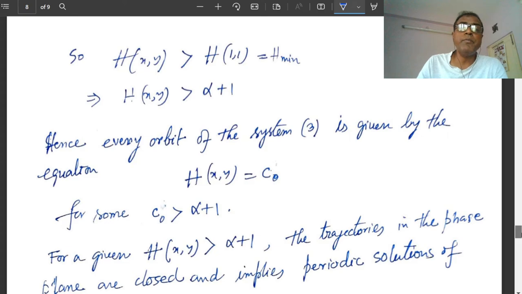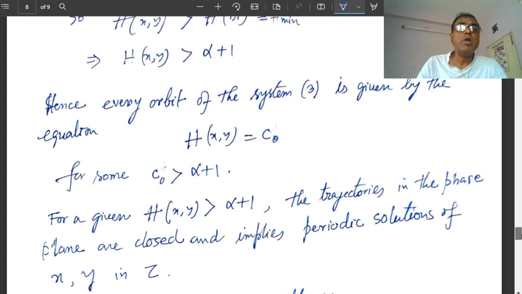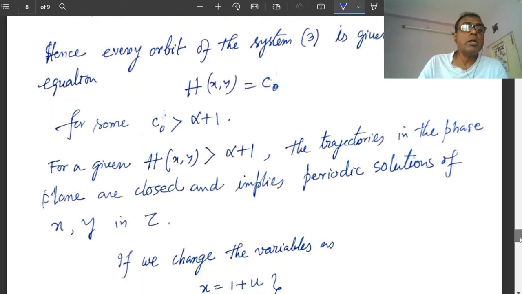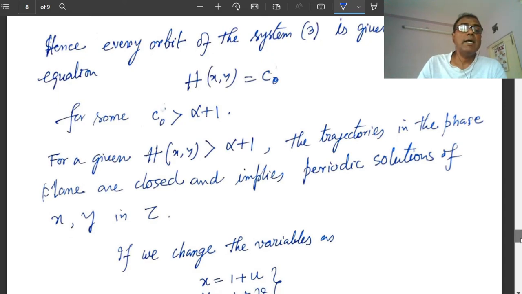Hence, every orbit of system 3 is given by the equation H(x, y) equals c0 for some c0 greater than α plus 1, because α plus 1 is the minimum value of H. And for given H(x, y) greater than α plus 1, the trajectories in the phase plane are closed, which implies periodic solutions of x, y in τ. These trajectories are closed and have a periodic solution in x, y.